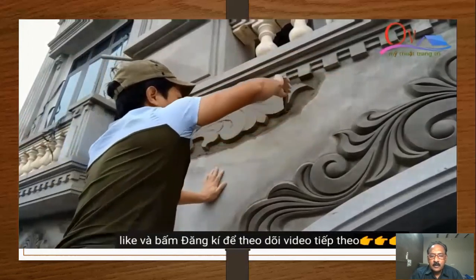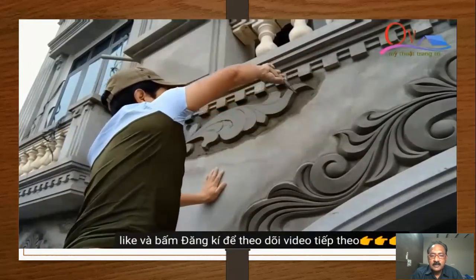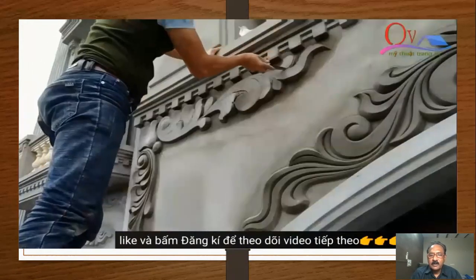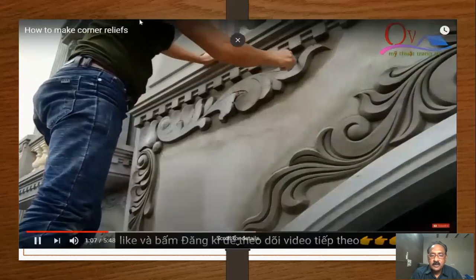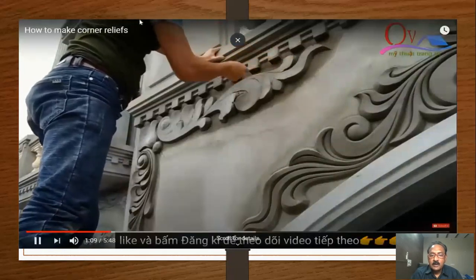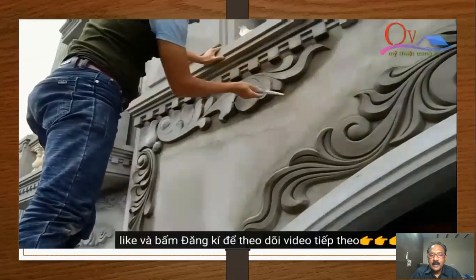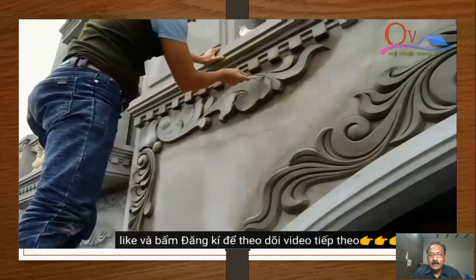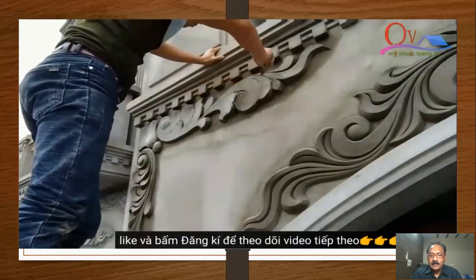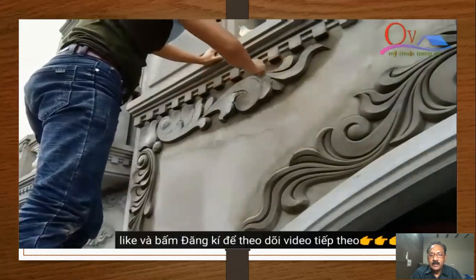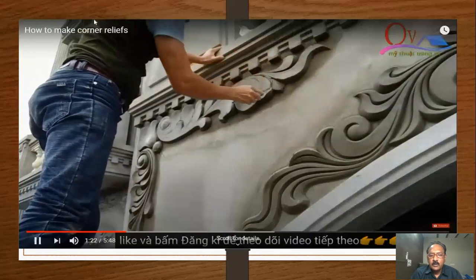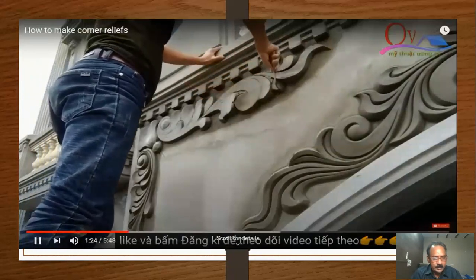You have to take all these challenges in your future endeavors. See how they are doing. Expert skilled labor required. Every mason will not do this type of work.